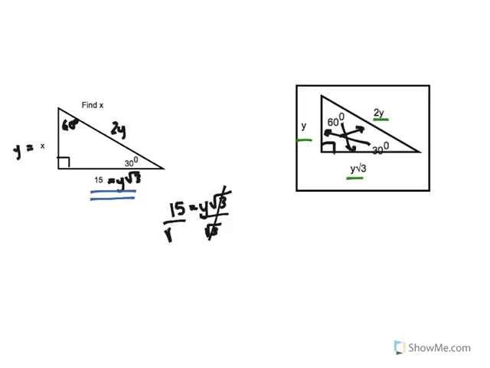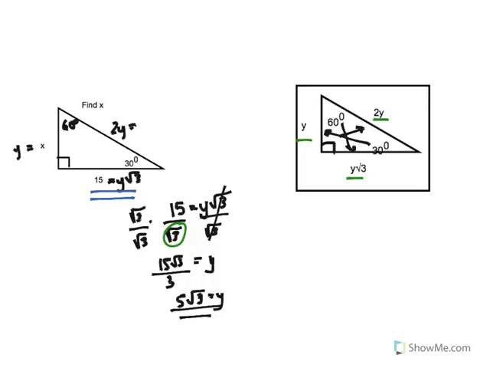Divide by square root of 3. I get 15 over the square root of 3. Now, I cannot leave this square root of 3 in the denominator here. So I have to rationalize the denominator and multiply the numerator and the denominator by the square root of 3. I now have 15 square root of 3 over 3. 5 square root of 3 equals y. I now put this value into the equation everywhere I see y.